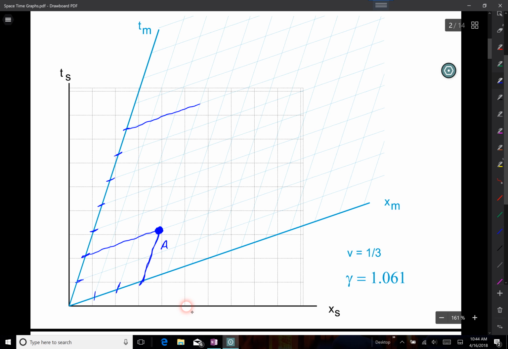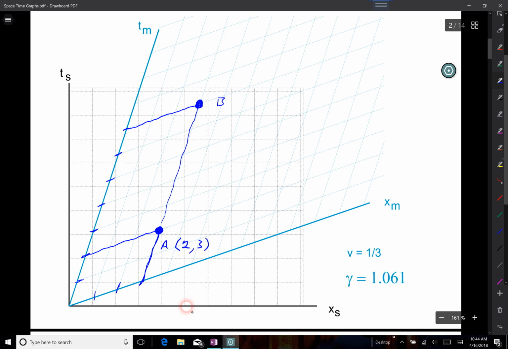And I'm still at 3 in distance, and where those intersect, I draw a dot, that's B. And I have the coordinates.